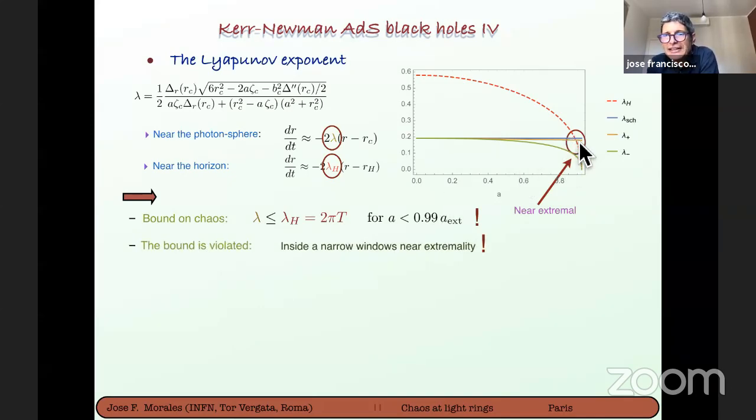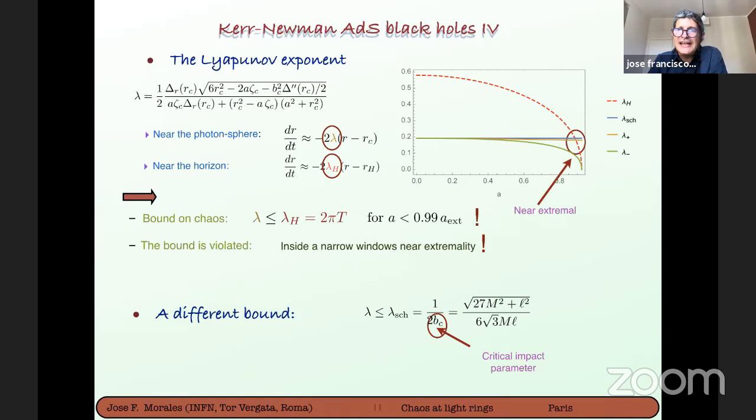You see, it's violating, it's impressive. In 99% of the moduli space, the bound proved by Maldacena, Shenker, and Stanford holds. But it's violated in this region, and it would be very interesting to understand what is happening in this region where the black hole photon sphere simply crashes against the horizon.